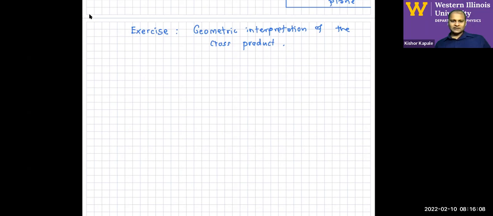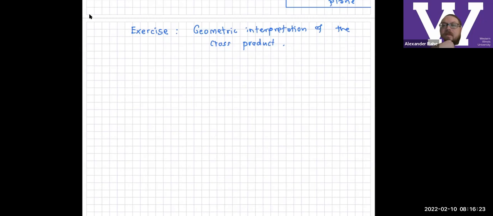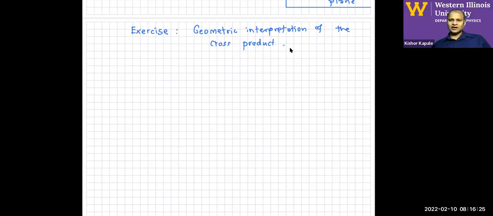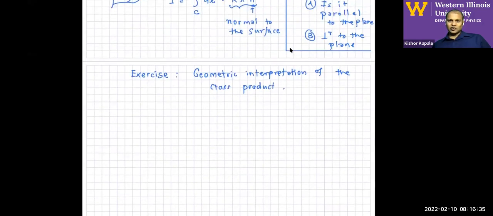Anybody want to add anything to that? Or anybody who is not agreeing with that, can you explain to us why? Anybody? Let me see. I would like to pick on somebody here. Moriam, do you want to say why you were thinking the K cross N vector should be perpendicular to the plane?